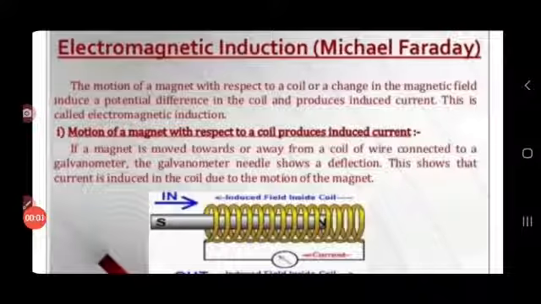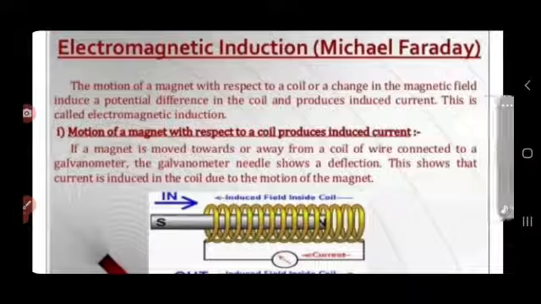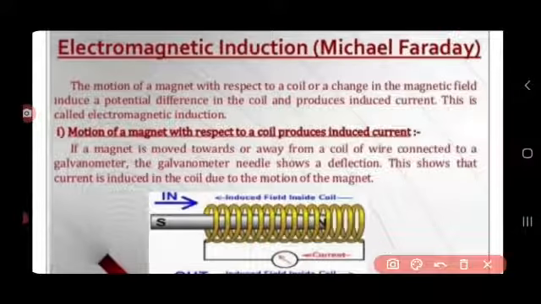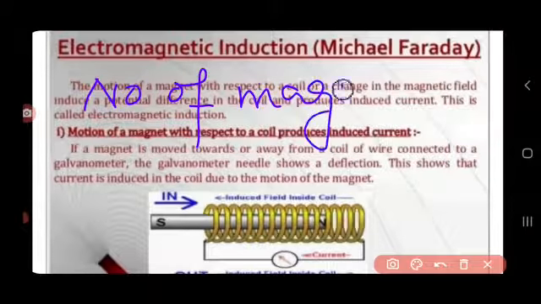The number of magnetic lines of force passing through an area is called magnetic flux.